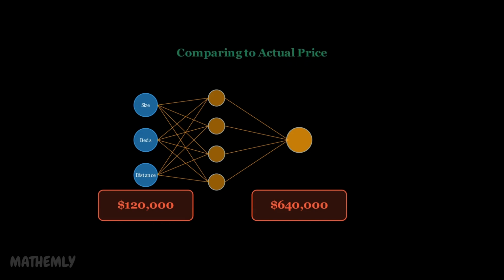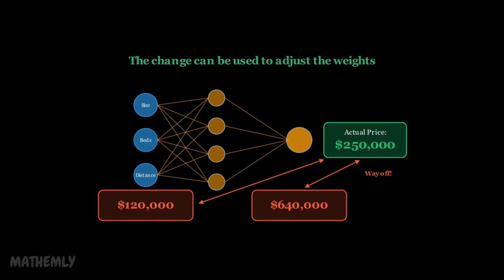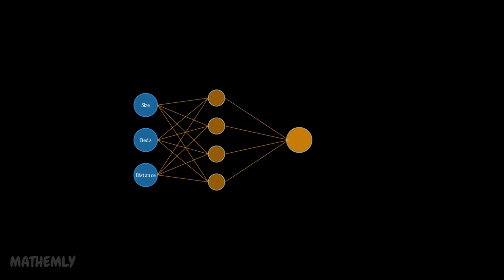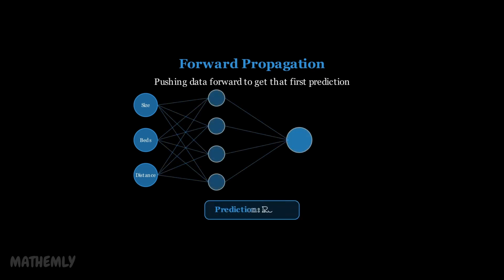It might be wildly wrong, but it is a crucial starting point. Once the network compares this prediction to the actual house price, it can measure how far off it was and adjust the weights using backpropagation, which we will cover in the next video. For now, forward propagation is just about pushing data forward to get that first untrained prediction.